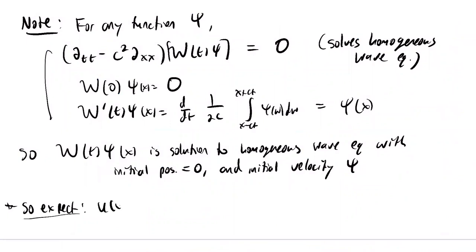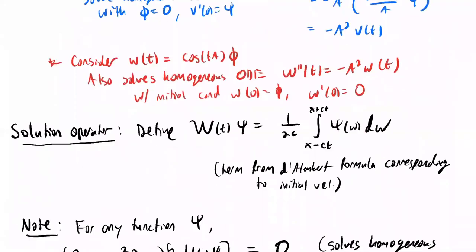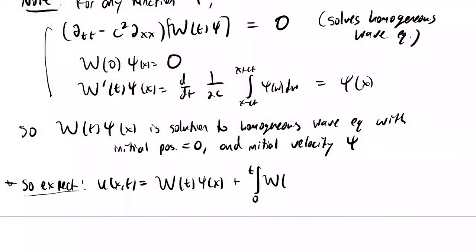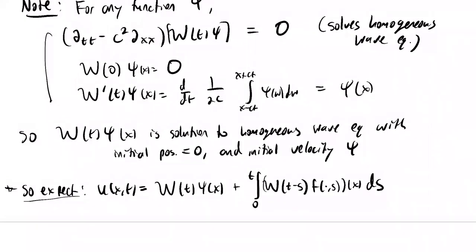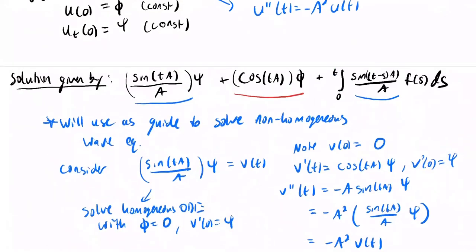So we expect my solution u of x,t to be equal to this wave operator applied to psi, plus the integral from 0 to t of the solution operator at time t minus s applied to f, ds. These are the terms corresponding to the blue piece above if you use the analogy with the ordinary differential equation.